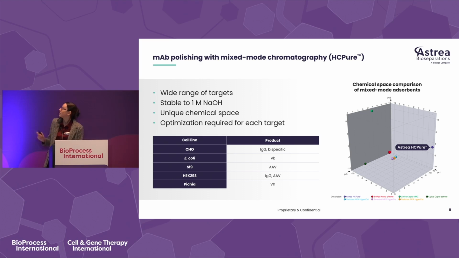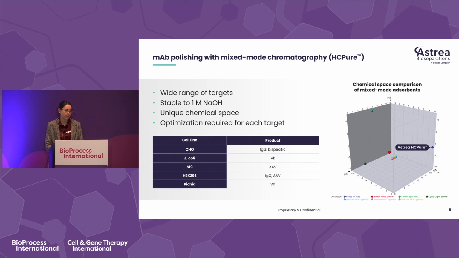So you can see that it stands apart from a lot of the other commercially available mixed mode ligands. And that selectivity is also tunable to a wide range of expression systems and target proteins as well.